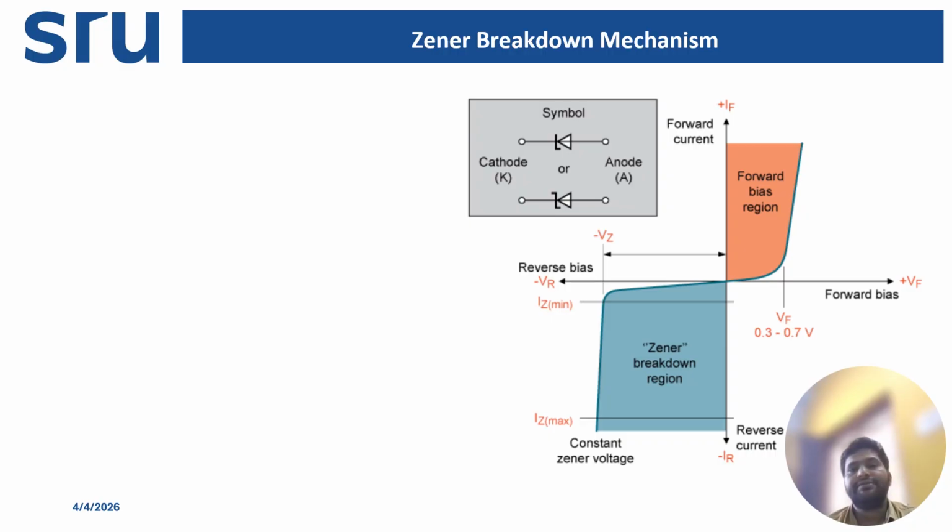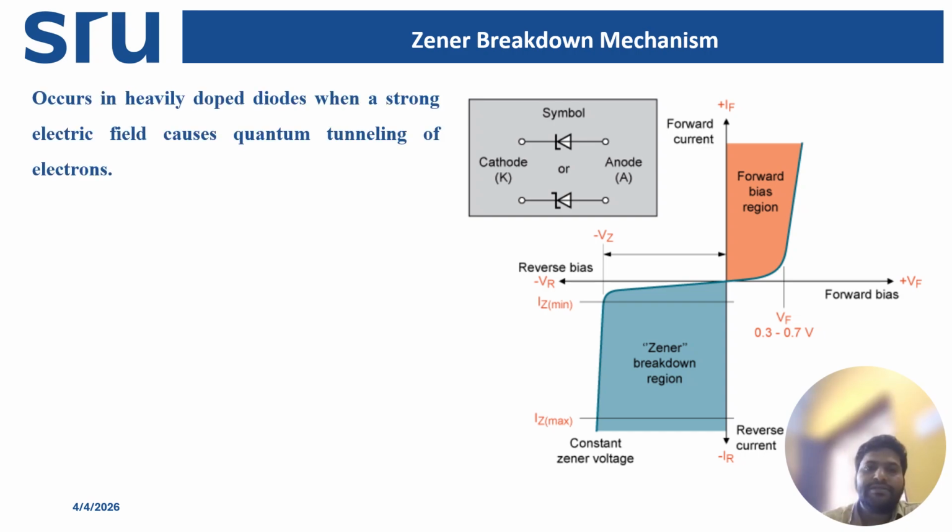This thin depletion region is the key to Zener breakdown. When reverse bias voltage is applied, the depletion region bends slightly and an electric field develops across the junction. As the voltage increases, the electric field becomes very strong. Since the depletion region is already thin, even a small increase in voltage produces a very intense electric field.